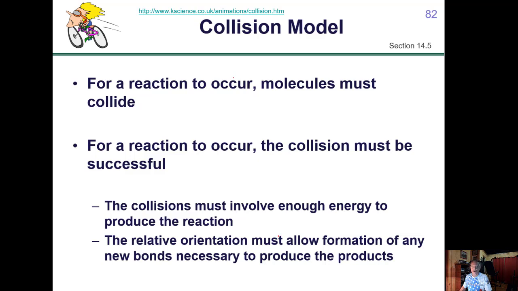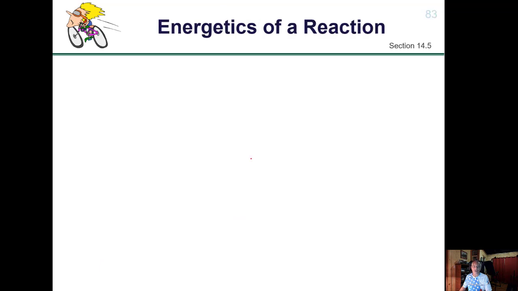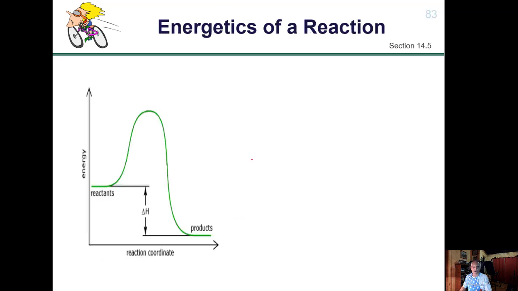If you're a biologist, you may be familiar with enzymes, which have active sites, which are a small part of these large proteins in which a reaction can be facilitated or catalyzed. Okay, so in the collision model, you have to have enough energy and you have to have the right orientation for a collision to be successful.